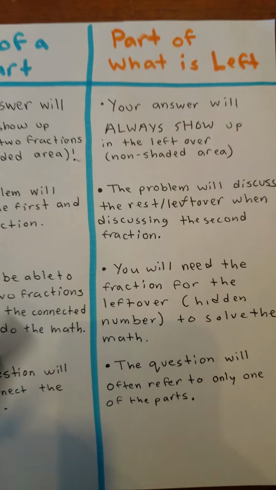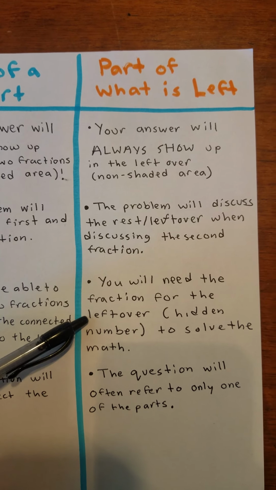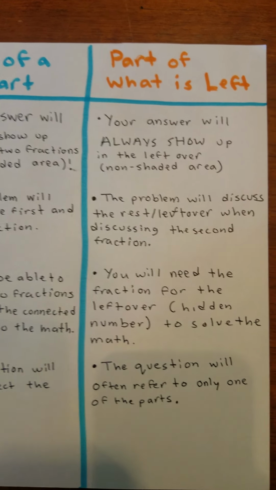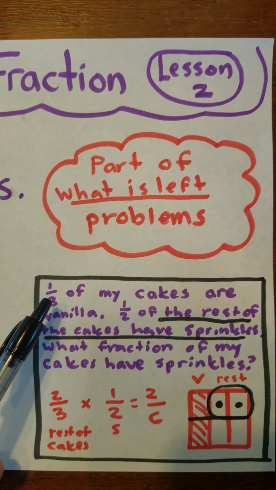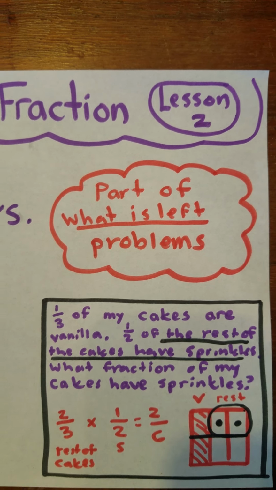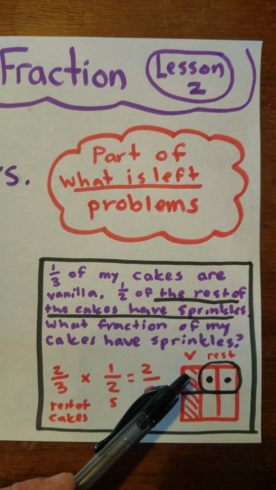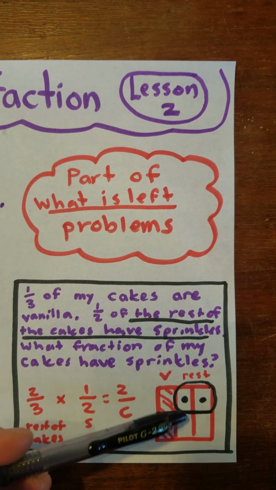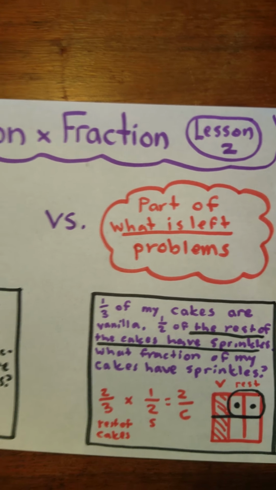However, in part of what is left problems, you will need the fraction for the leftover, which is what is called a hidden number, to solve the math. This is a little more complicated, but if you look here, it says 1/3 of my cakes are vanilla and 1/2 of the rest have sprinkles. So if you remember the warm-up from the last video, if I have 1/3 of vanilla, the hidden number would be the 2/3 to show the rest. And that is what I would use in the math.